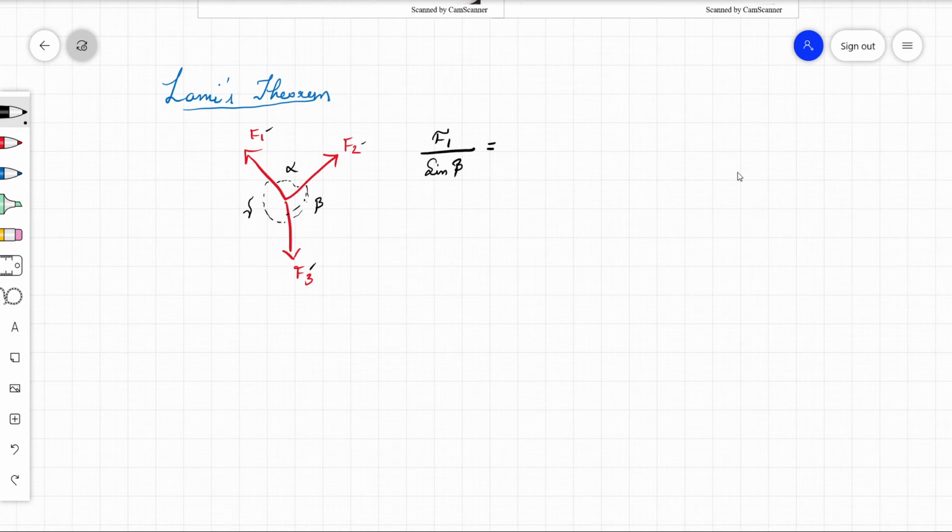That is equal to F2 divided by the sine of the angle that is opposite to F2, that is gamma. And the last one is F3. What will be the sine of the angle? The angle opposite to F3 is alpha. So this is what Lami's theorem says.